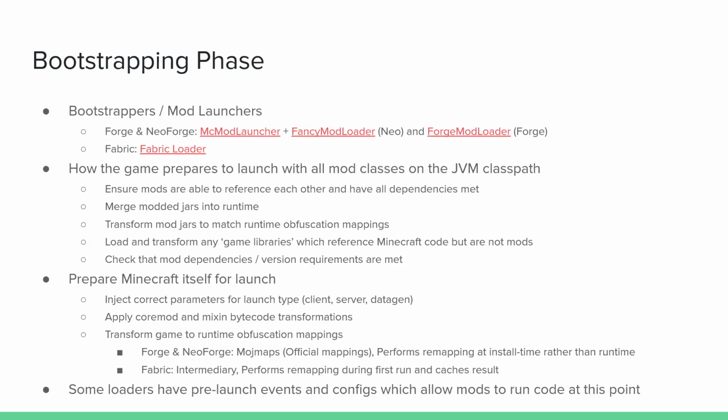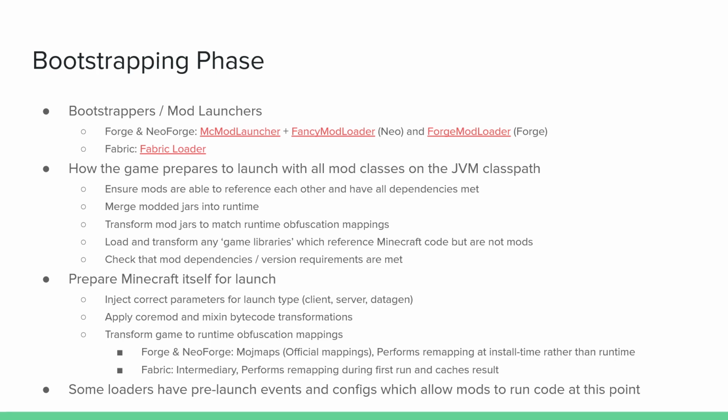So a little bit more about the bootstrapping phase. I've talked a little bit about how mod loaders work, but this is a little bit more in depth of what the actual software is doing. So first, the bootstrapper loads. That would be on Forge and NeoForge. They use MC Mod Launcher, and then NeoForge uses Fancy Mod Loader, which is just a renamed version of Forge Mod Loader, which is used on Forge.